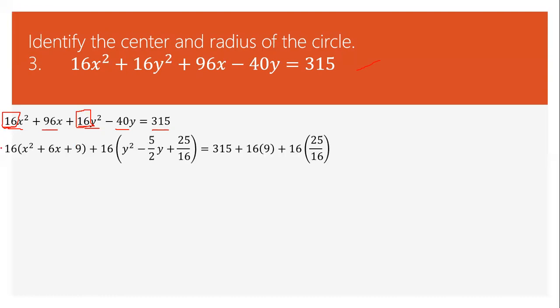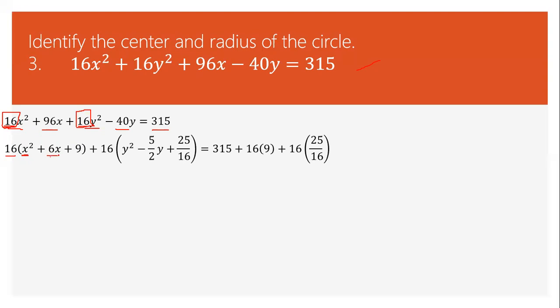Okay, so for x, factor out 16: 16 times x squared, so the coefficient is now 1. And then 96 divided by 16 is 6, so 6x.